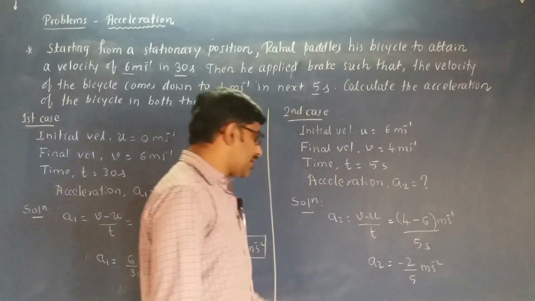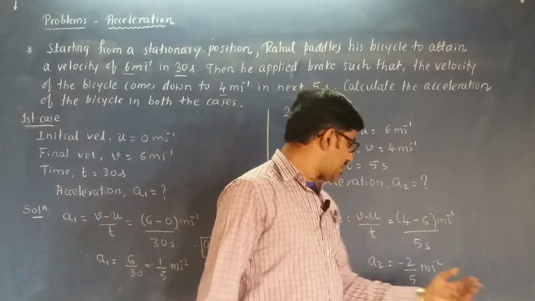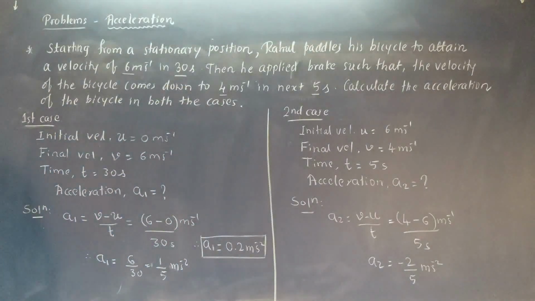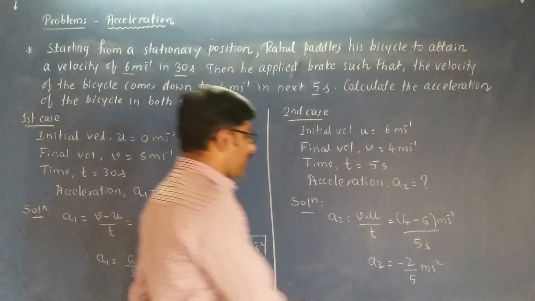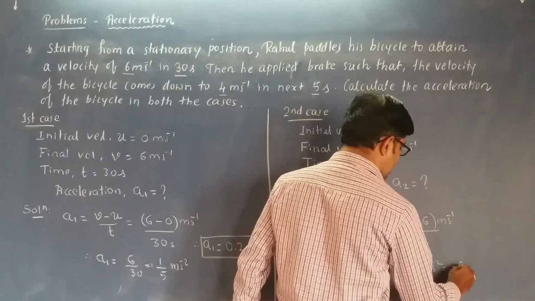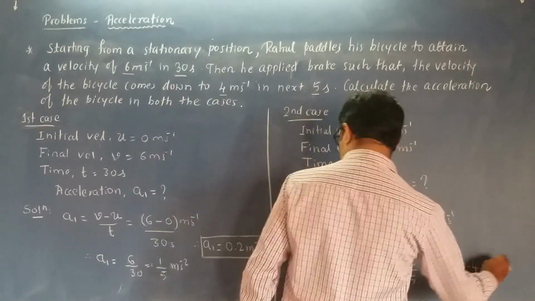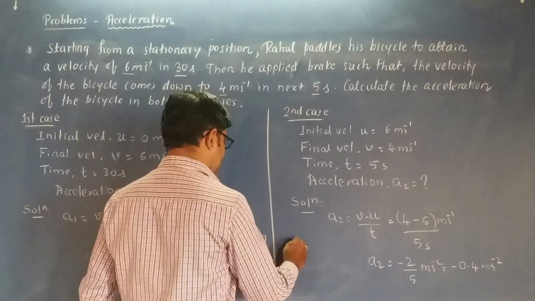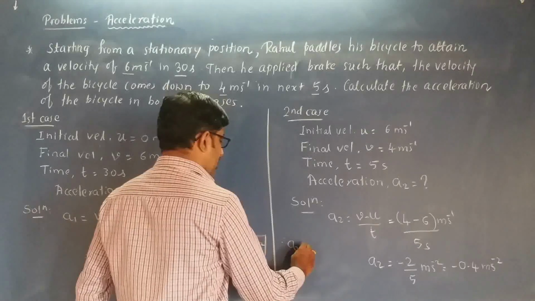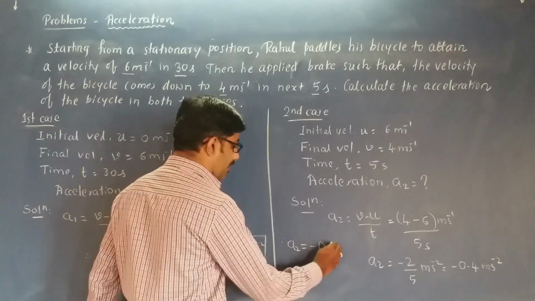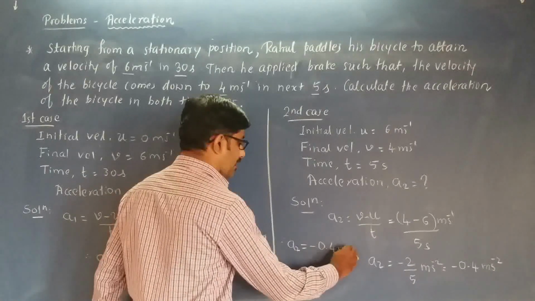So you got the acceleration in the second case, minus 2 by 5, which is equal to minus 0.4 meter per second square. And hence acceleration after the application of brakes is minus 0.4 meter per second square.